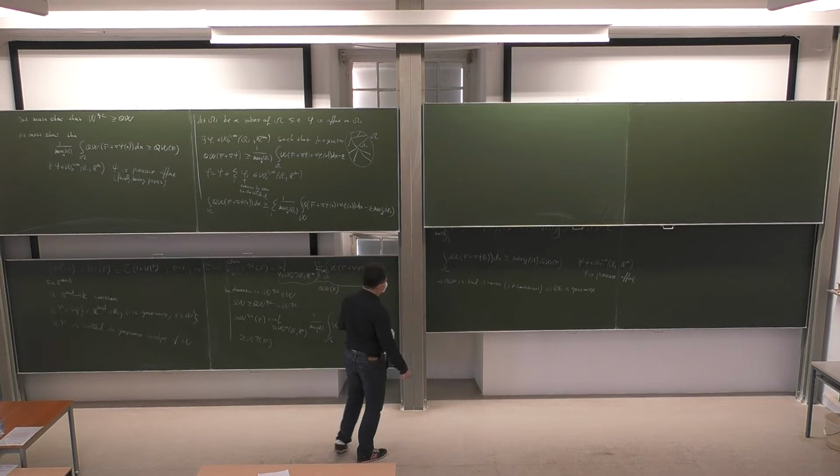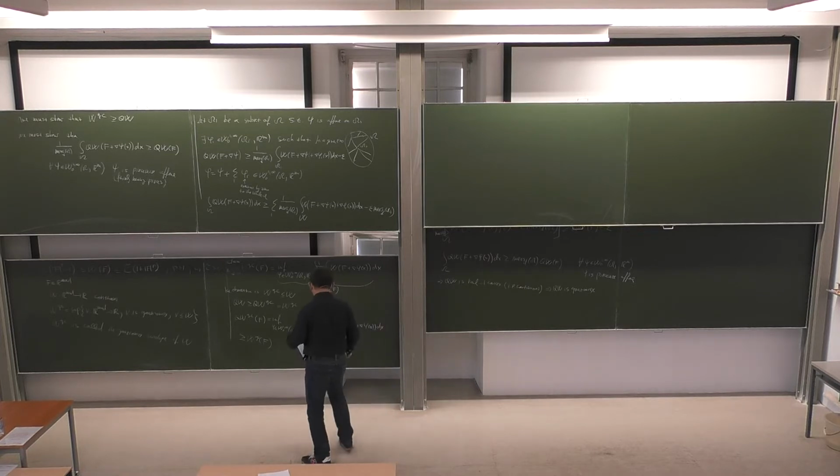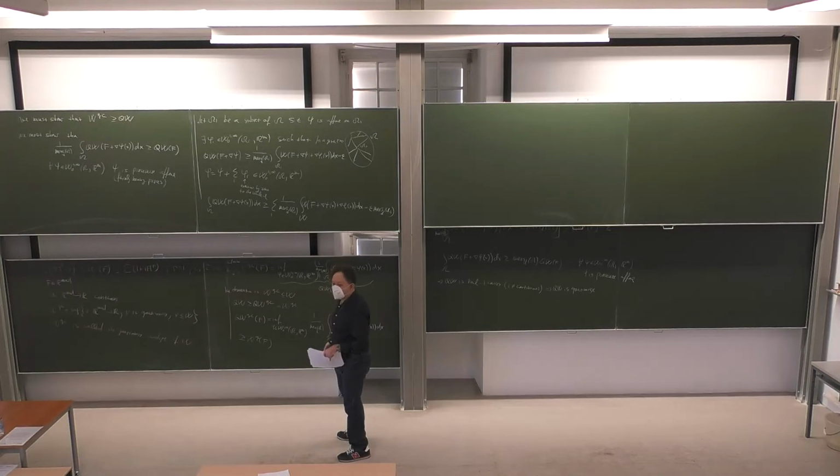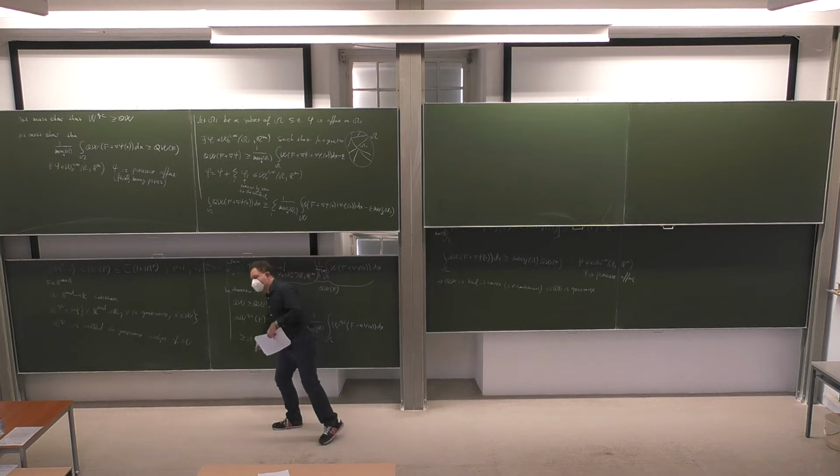And so this is W^{QC} at F, because this is supposed to be a quasi-convex envelope. It's small in W, but it's quasi-convex. So this comes from the definition of quasi-convexity.